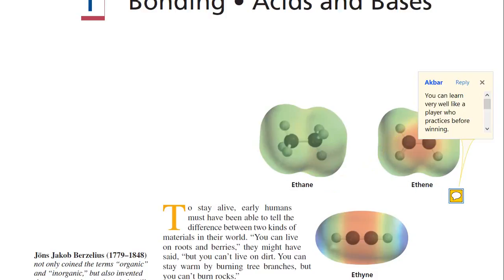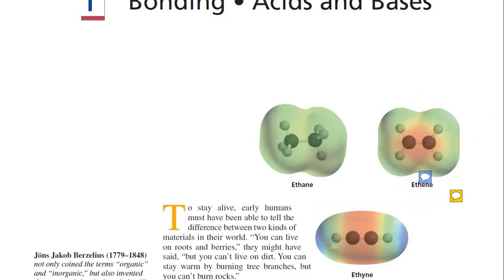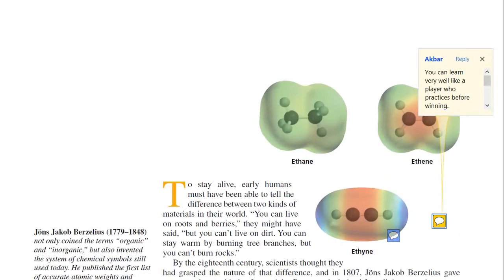In ethene you have more electron density because you have a double bond, and in ethyne you have a triple bond between carbon and carbon. So you see here a more light red color, showing more electron density.